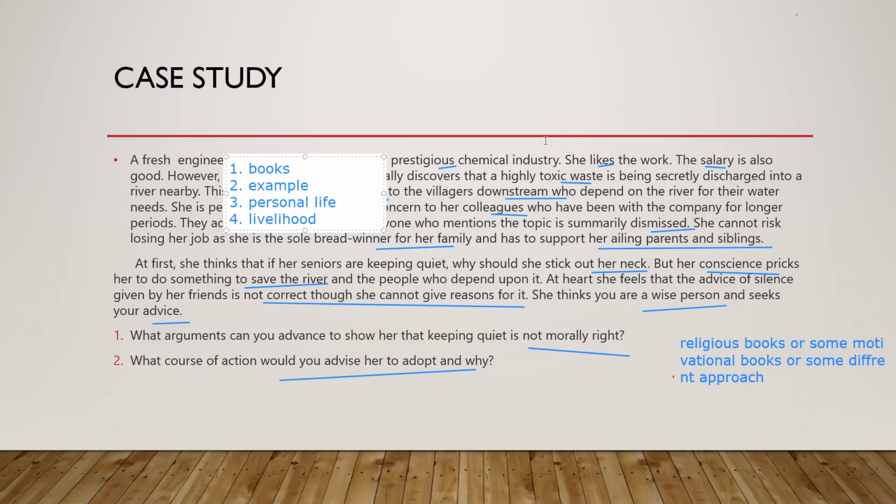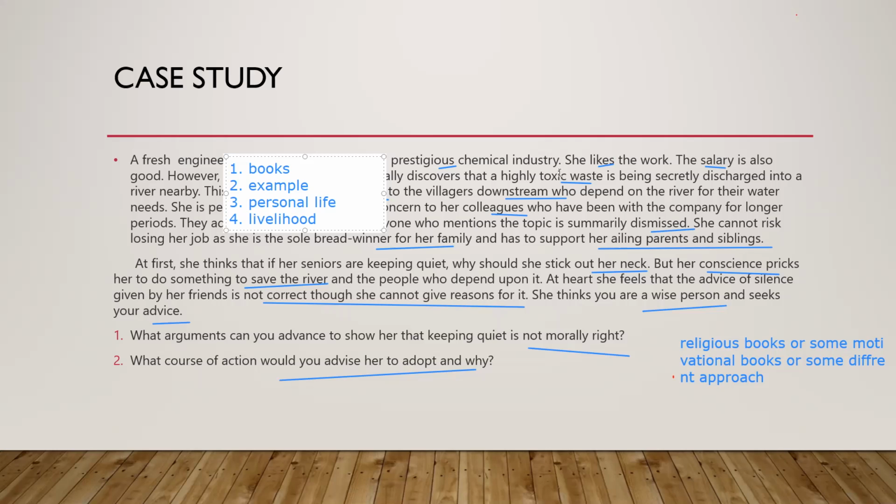Write it down somewhere. Whenever you are going to give an argument, suggestion, or course of action, or the question is asking how you are going to deal with it, you have to write a multi-dimensional answer. That incident also happened with me in the exam hall.